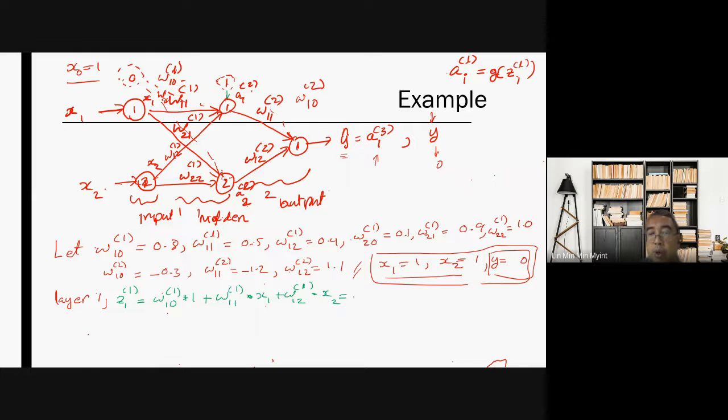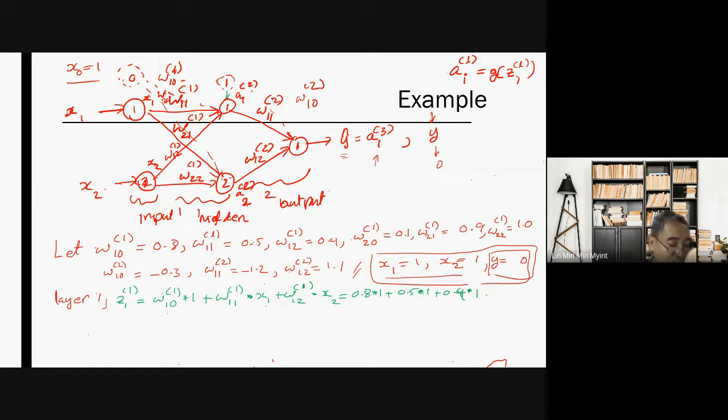So it will be equal to 0.8 multiplied with 1, plus 0.5 multiplied with H1, which is 1, and 0.4 multiplied with H2, because this is W12 multiplied with H2. H2 is also 1.